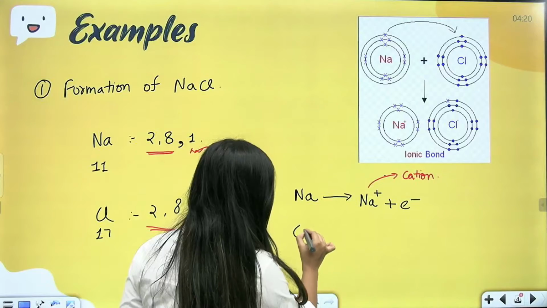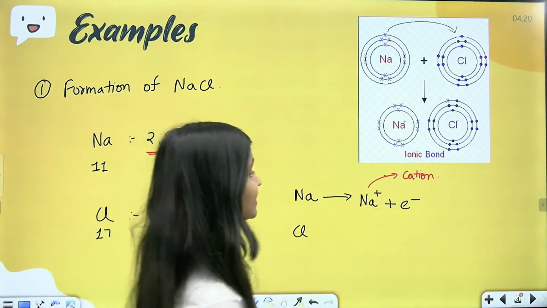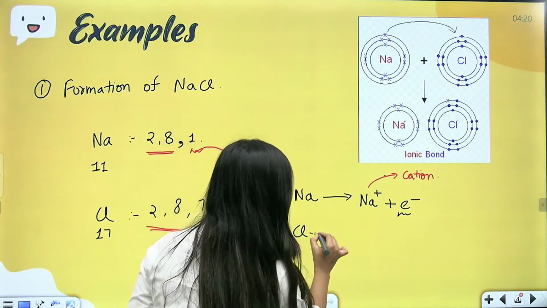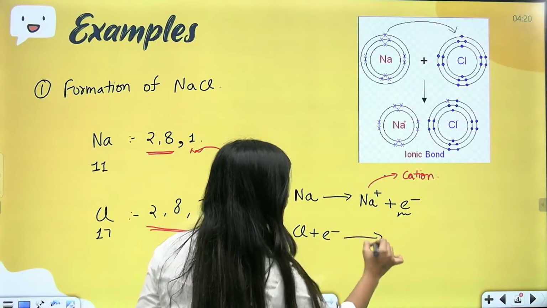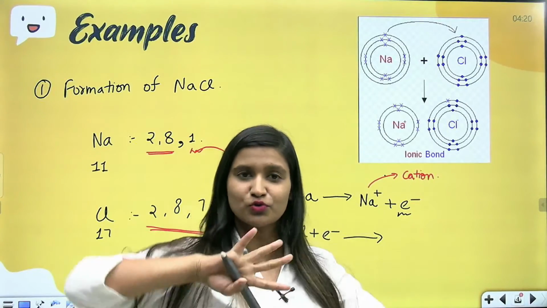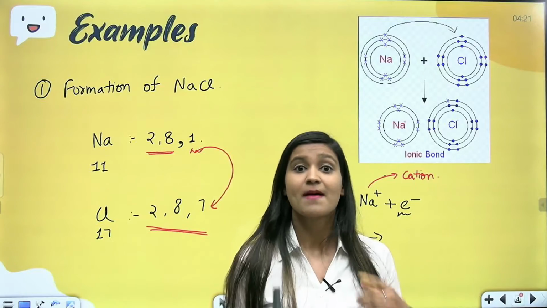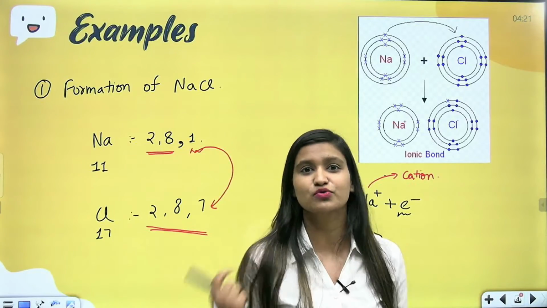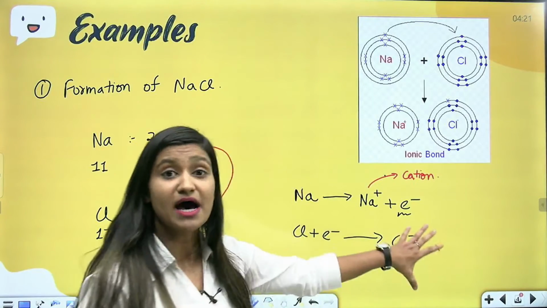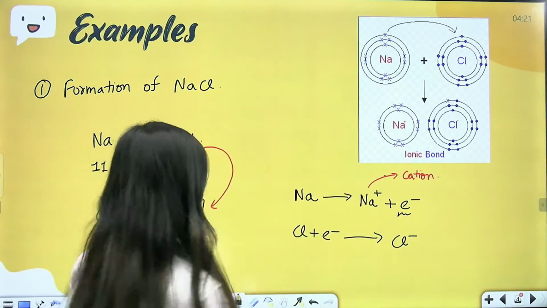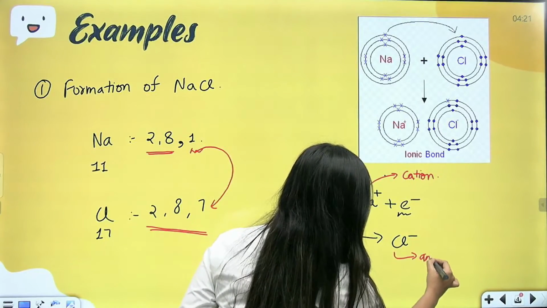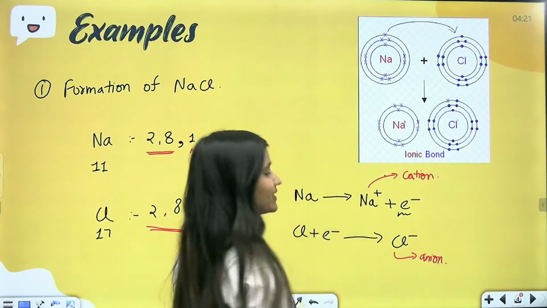Since this chlorine now will accept the same electron which sodium has lost, this electron will be gained by this chlorine, and as a result, when you accept something, you get a negative charge. When you donate something, you get something positive. But when you accept something, you get a negative charge. So it will simply become Cl negative. Now this negative charge is called an anion.